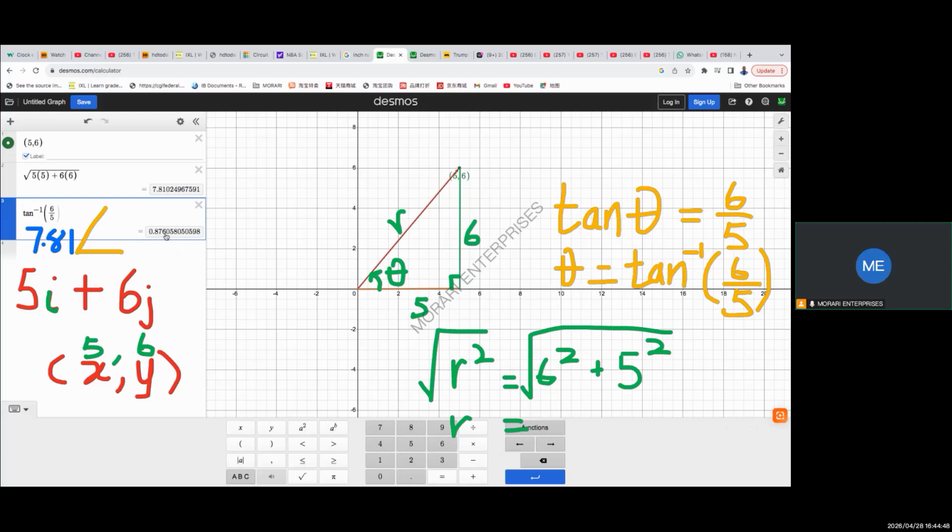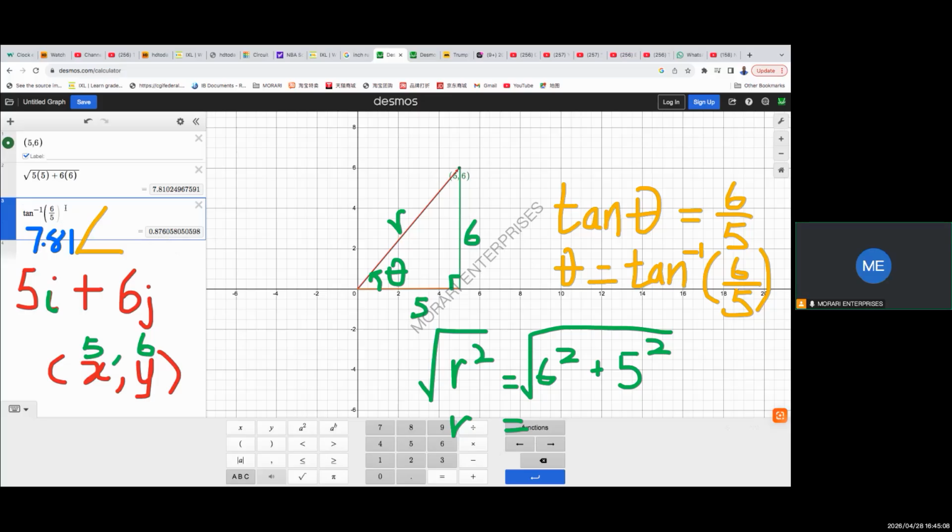Yeah, you were shocked to see the 0 point something. This angle is much bigger than that. It's not 0 degrees, but that is in radians. So you have to take that answer and divide it by what? How do you change radians to degrees? You divide by pi and multiply by what?